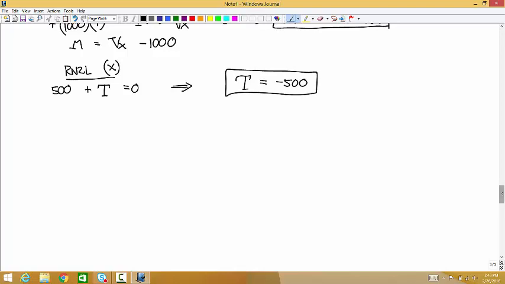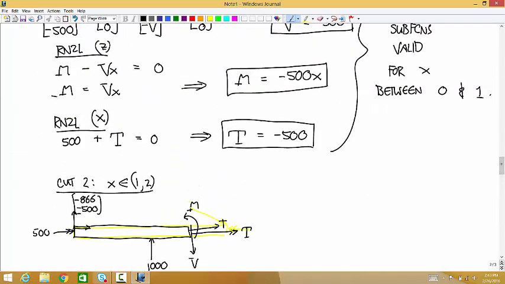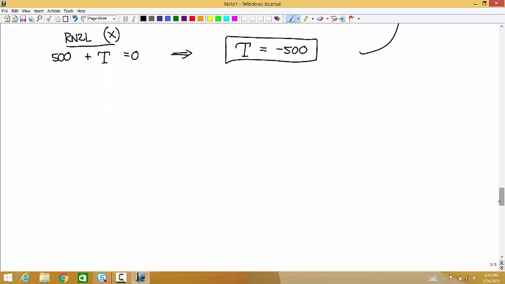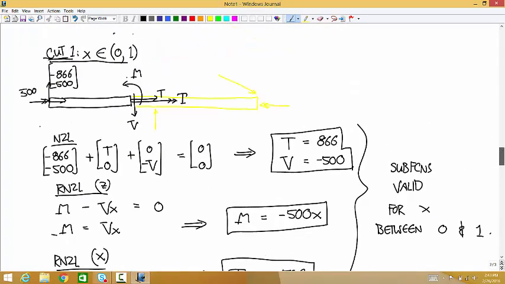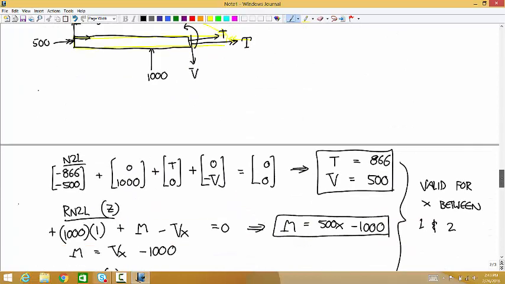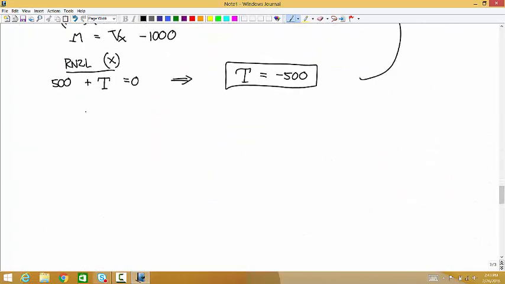Okay, so let's think about what these tell us. This new set of subfunctions is valid for x between 1 and 2. Tension is 866 for both of them. So tension as a function of x is 866.